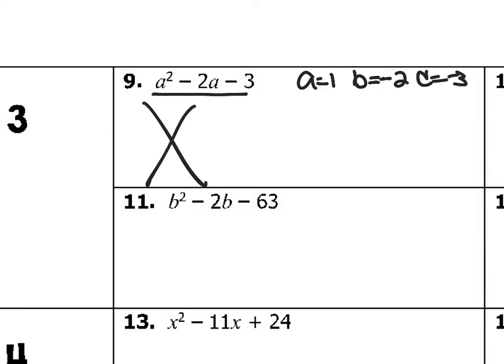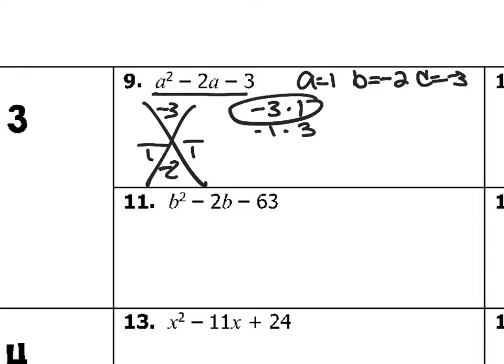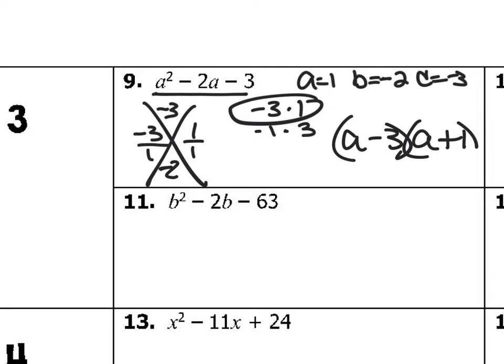So our A times C is negative 3 and B is negative 2. So negative 3 times 1, or either it's negative 1 times positive 3. So this would add up to negative 2. So that's our numbers. A minus 3 and A plus 1.